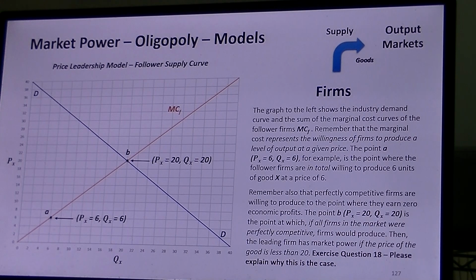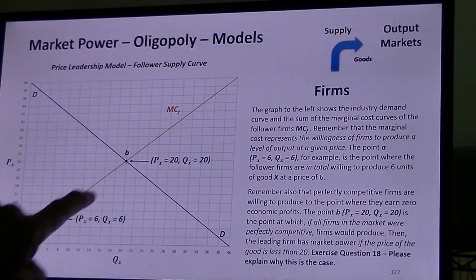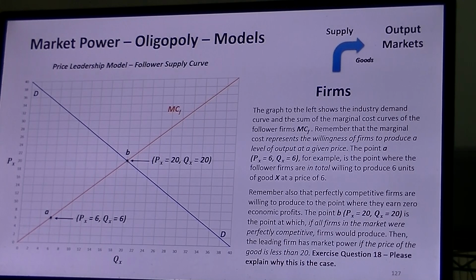Now, the important thing to remember is that the marginal cost curve, and we talked about this last semester, represents the willingness of firms to produce a level of output at a given price.